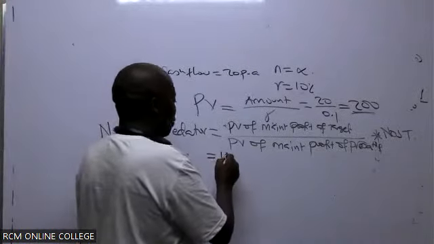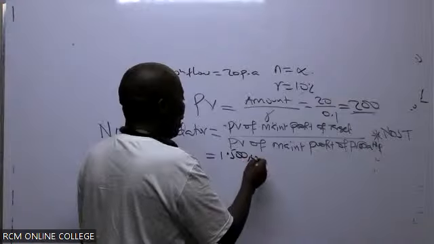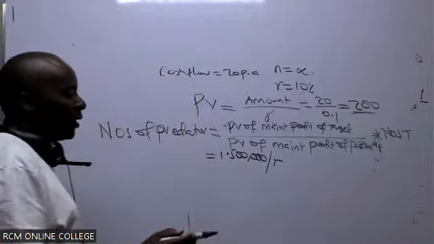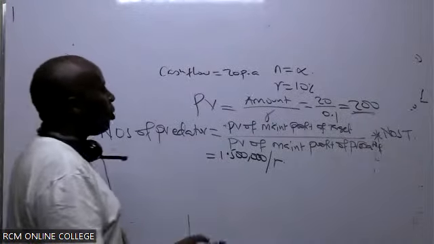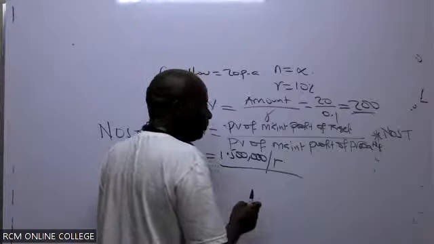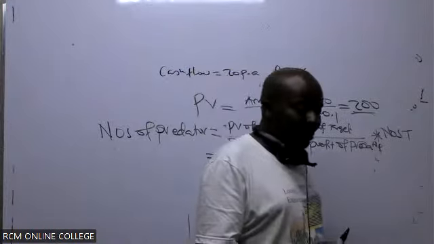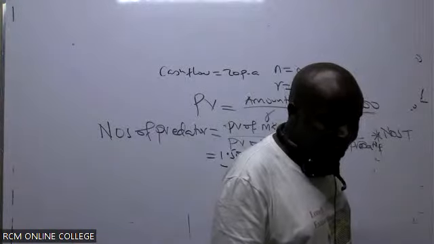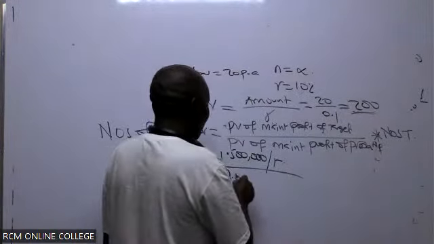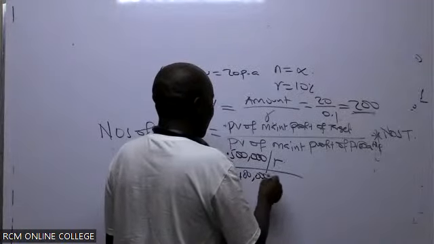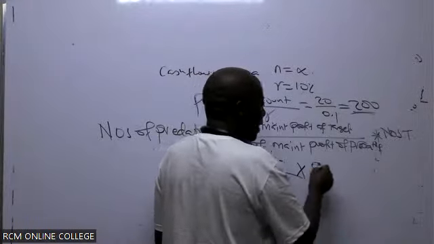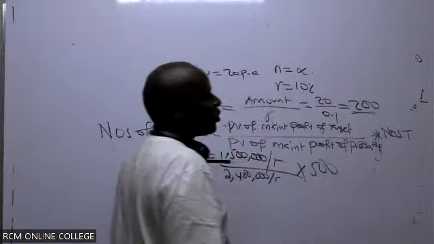So divide by the cost of capital of that Bero company, all over the present value of maintainable profits of the predator, which is 2.4 million, divided by R, times, of course, our 500 ordinary shares of the targeted company.